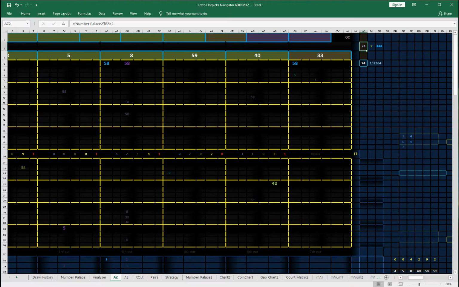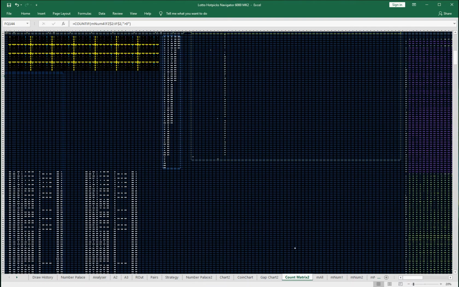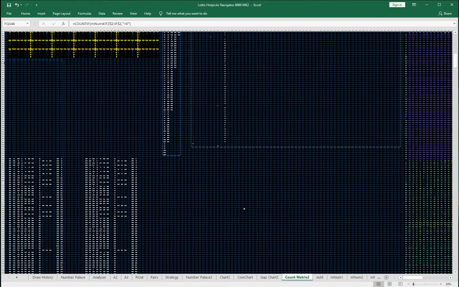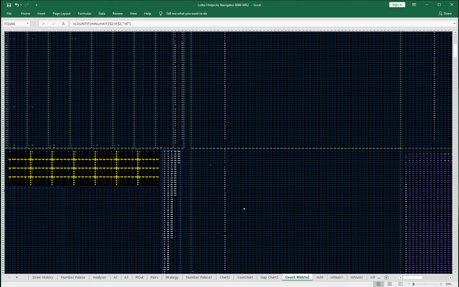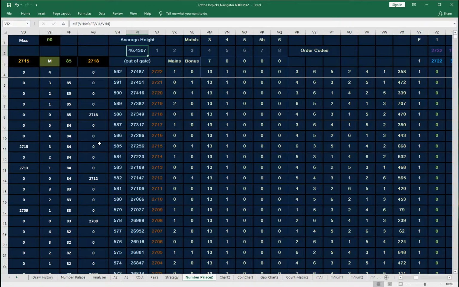Order codes. Now, each combination is drawn in a completely random order, and here are the order codes.